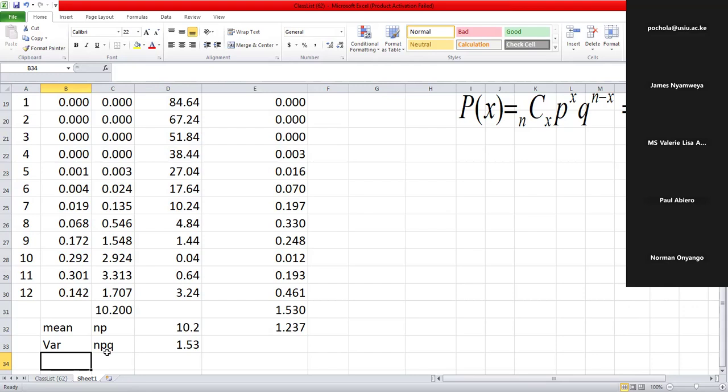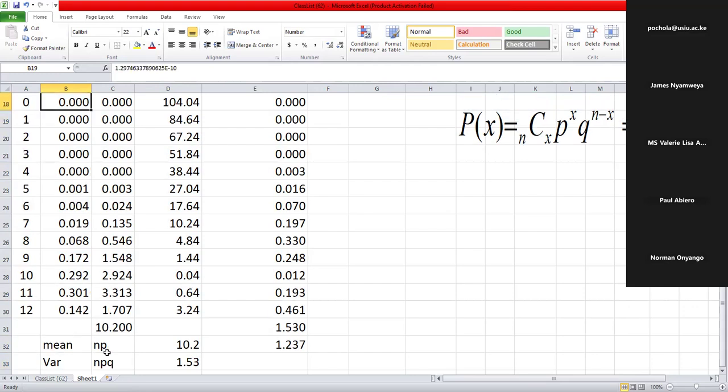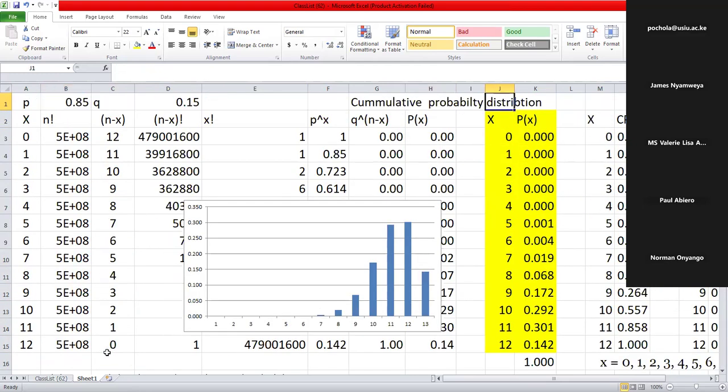So we are done with the binomial. Now I need to show you the other method of getting this. That one is easy. I told you there are two methods of getting this: the binomial model, the Excel fx function, and the binomial table. So Excel fx function, I'll just show you here, and please just take note.